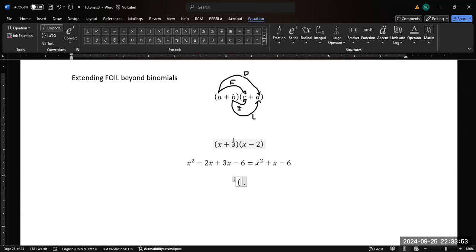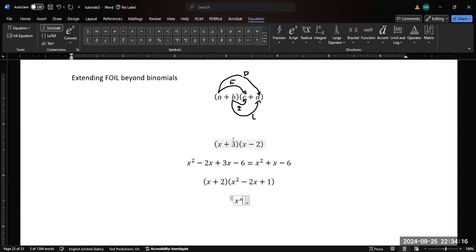So now let's consider x plus 2 times x squared minus 2x plus 1. So now we're going to multiply out a binomial with a trinomial. The idea here again is we're going to take that x and multiply x by everything in the second parentheses.